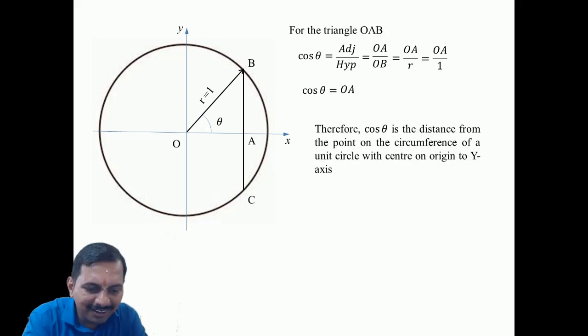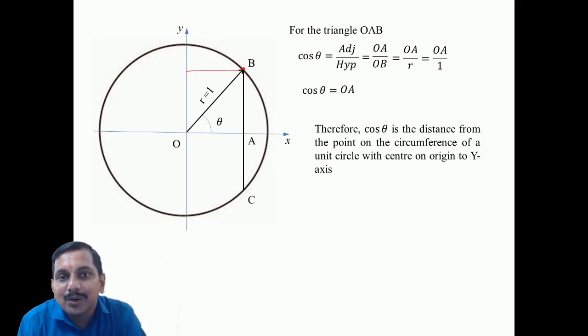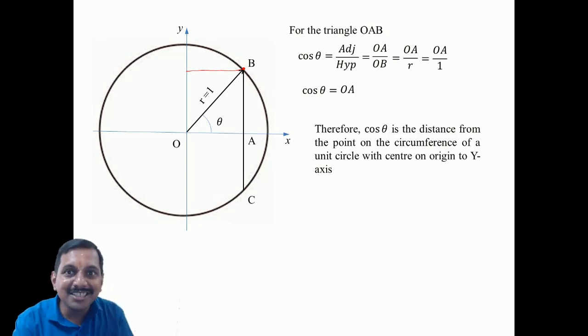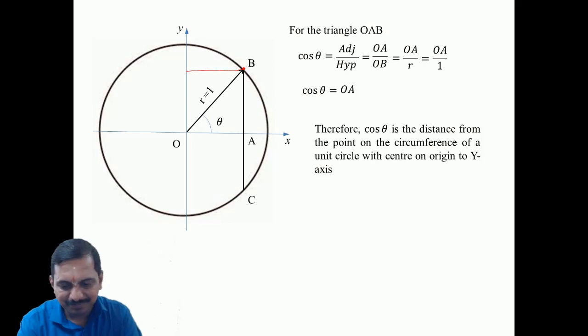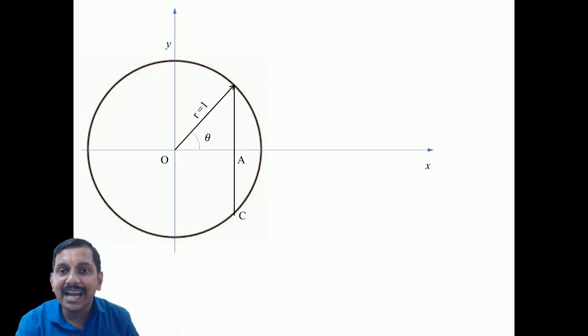Similarly, cosine is the distance of the point on the circumference, which is B, of a unit circle with the center on the origin to the y-axis. So sine is the distance to the x-axis and cosine is the distance to the y-axis. So it gives the x and the y coordinates in fact. So we'll have this as sine theta and this as cos theta. Now let us go further and understand how tan theta comes about.